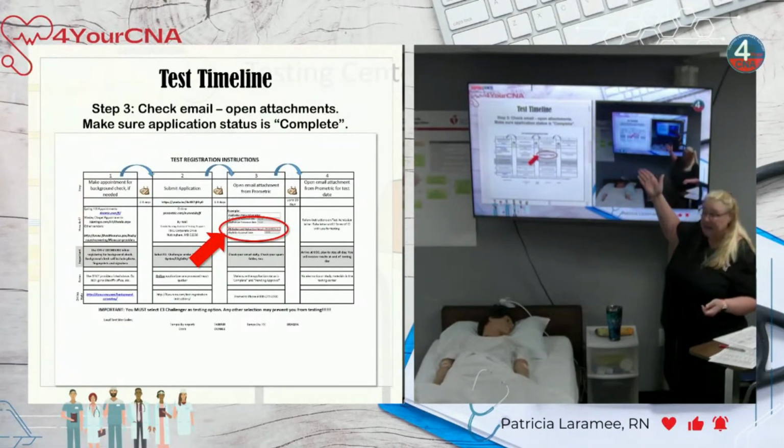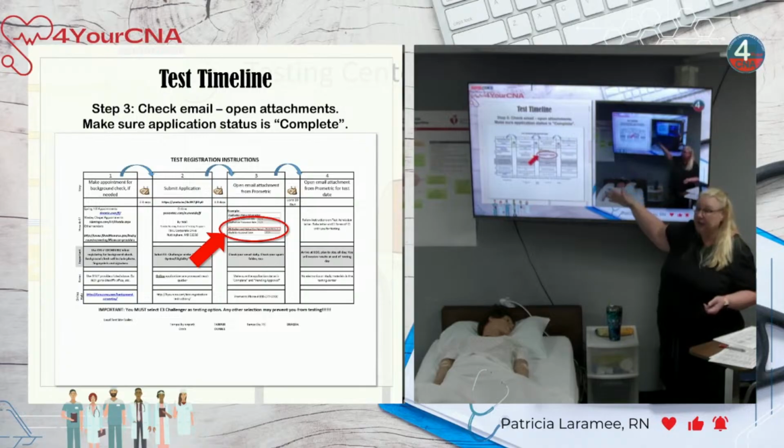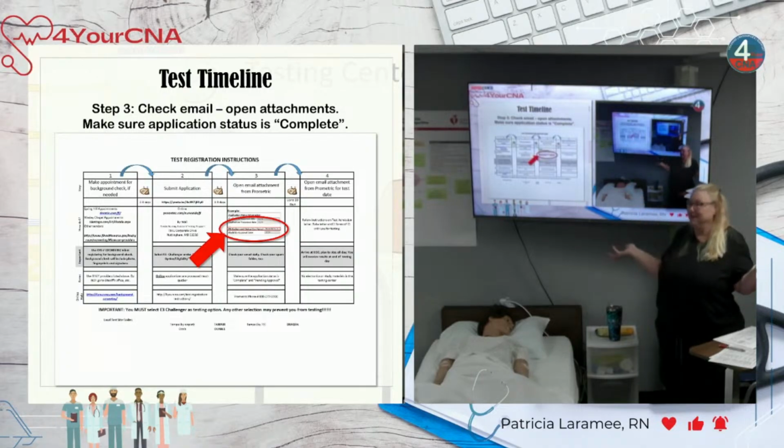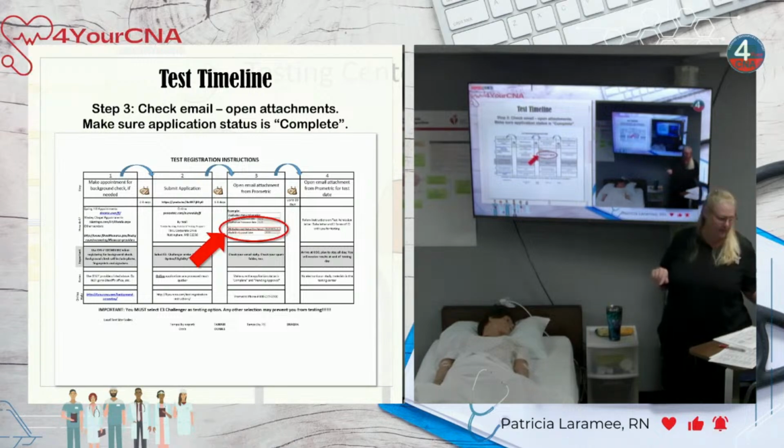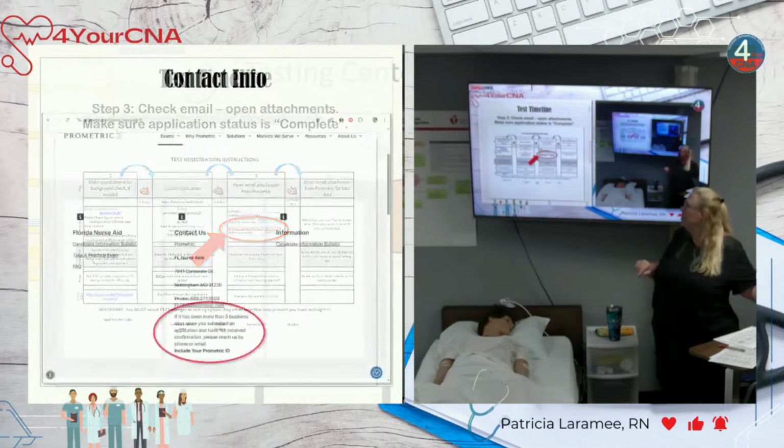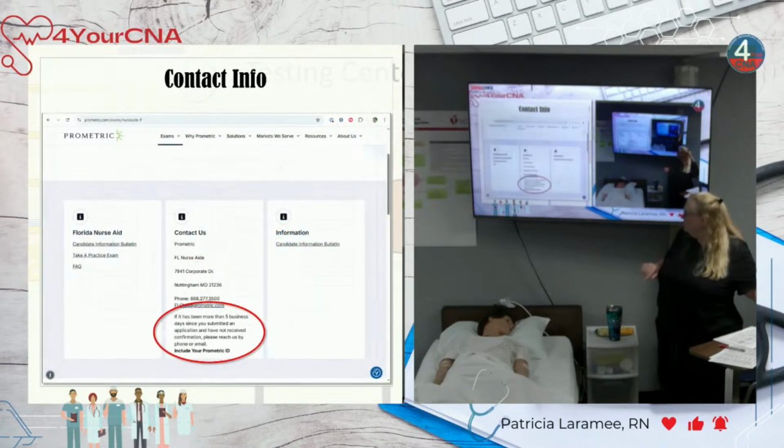And if the bank doesn't recognize this as a valid charge, your bank will block it. You'll think, oh, good, I've applied for the test. And the test is like, we don't have payment. It's not an application. So pay attention to that and make sure you stay on top of it so that your payment gets processed.